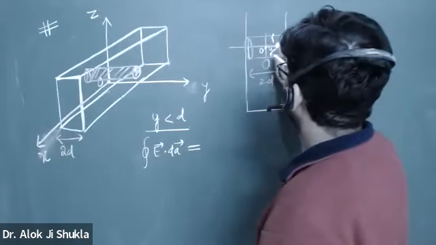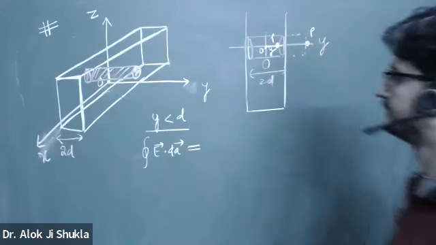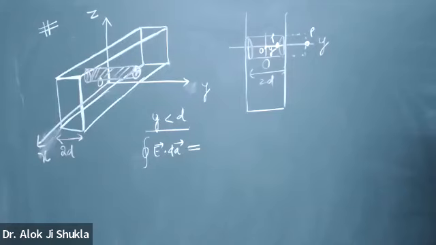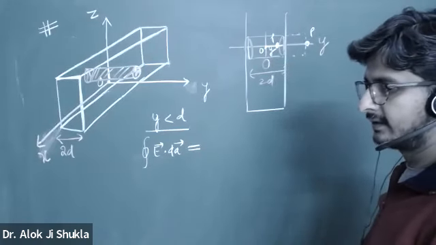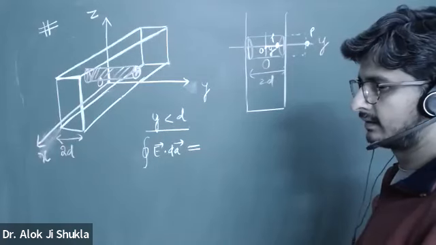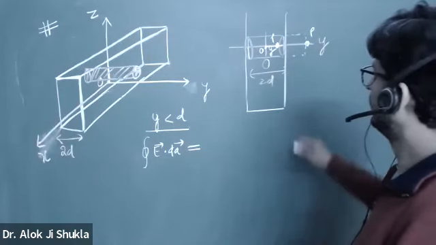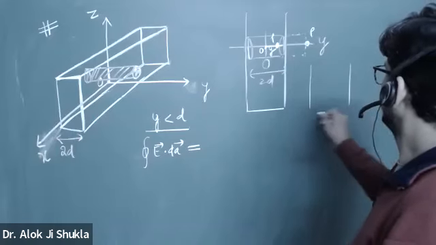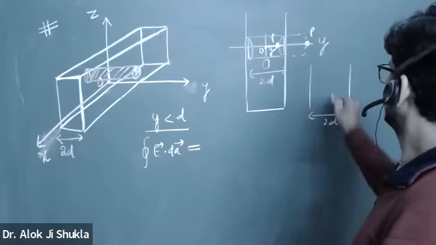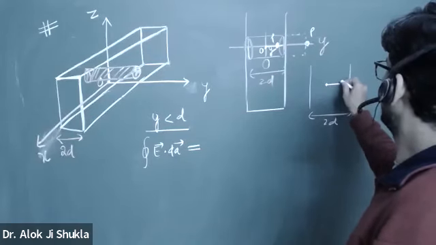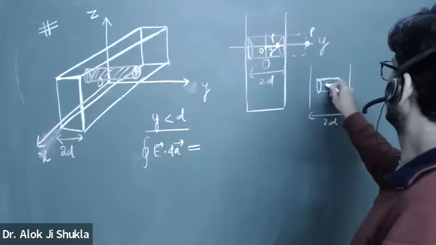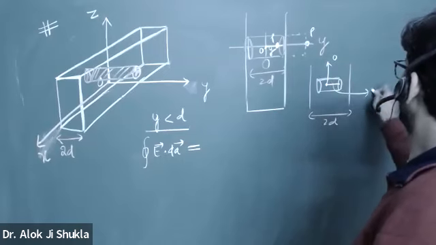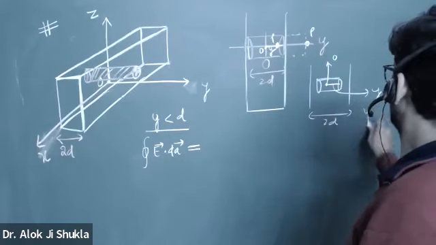So distance will be measured from the origin. Look at this figure. Did you understand? This is 2D, this is the center, so you take Y here. This is the origin, this is Y. So Y is less than D.